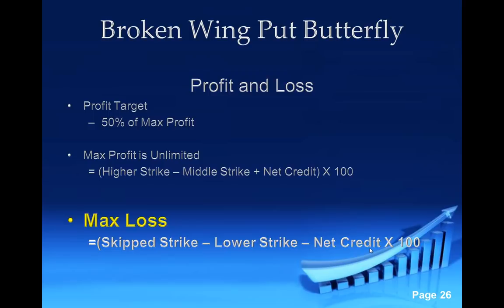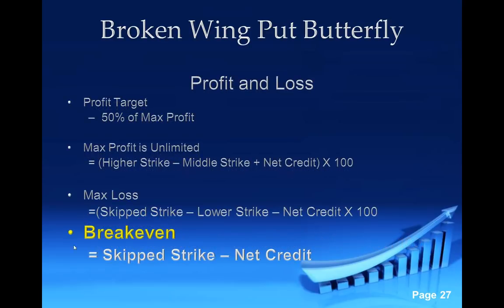Minus the net credit. So if it's $5 wide and we collected that 50 cents, our max loss would be $4.50, whereas our max profit is $5.50, right? Because it is the width of the spread plus the net credit. This is the lower strike minus the net credit. And then our break even is the skipped strike minus the net credit.